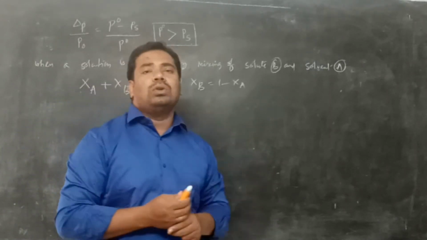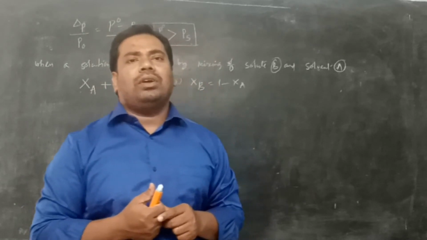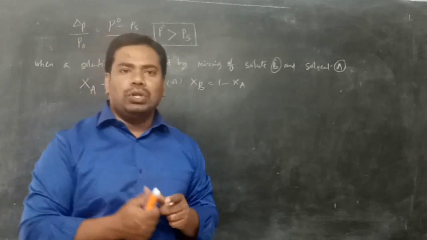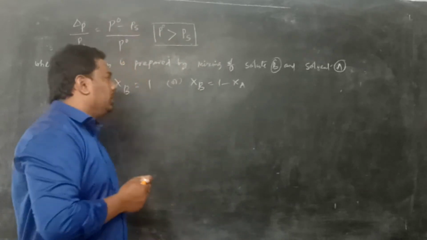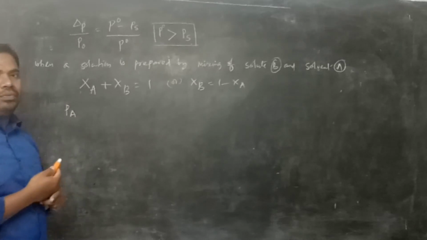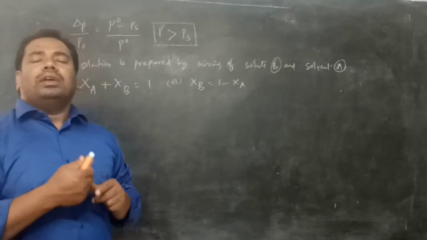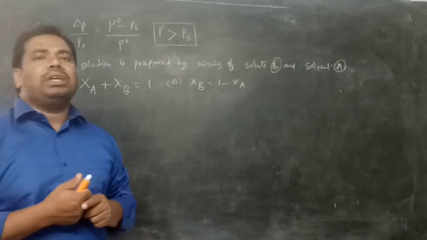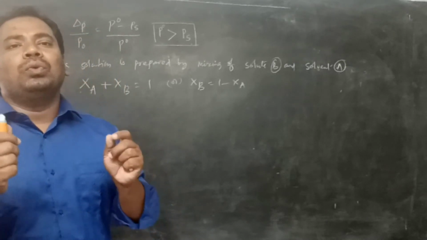Okay, so what is Raoult's law? According to Raoult's law, the vapor pressure of any component of a solution at a constant temperature is equal to the mole fraction of the component in the solution multiplied by the vapor pressure of that component in the pure state.